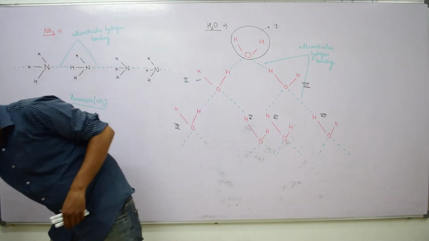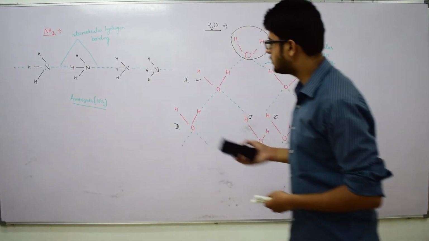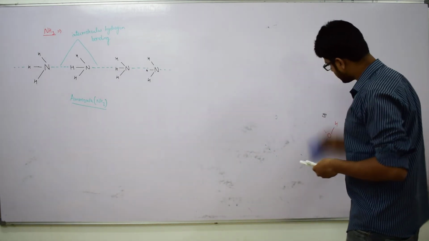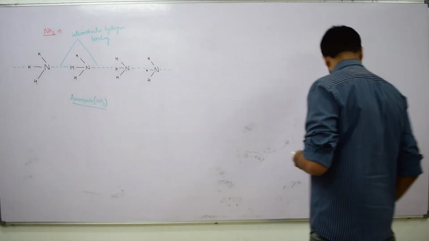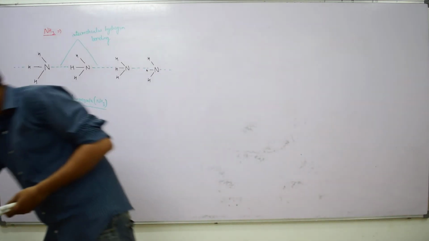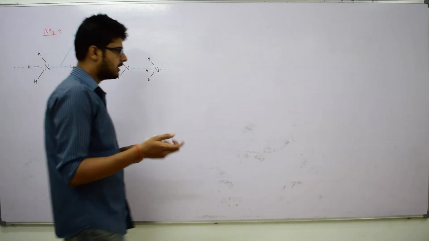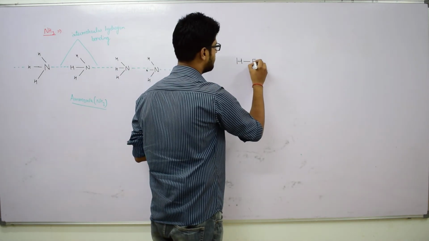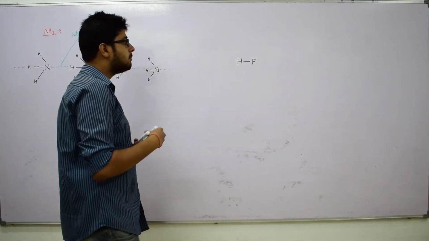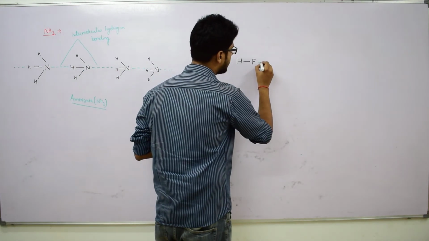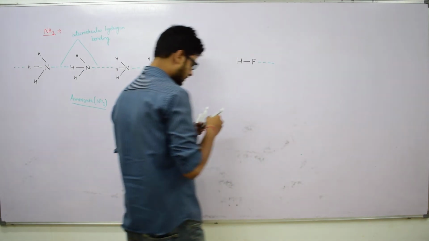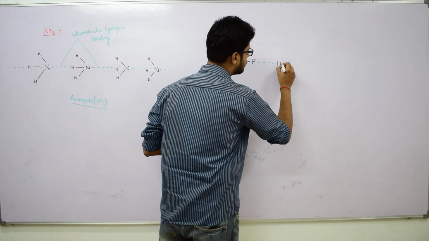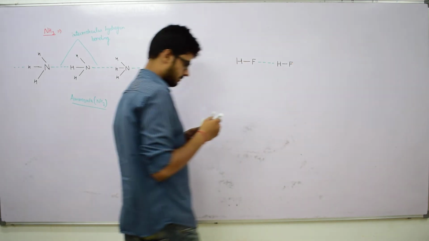And again, let us see the example of HF, which we saw earlier. It also has intermolecular hydrogen bonding. In case of HF, as we discussed earlier, we have a molecule of HF. Fluorine, being more electronegative, will be linked by intermolecular hydrogen bonding to the next molecule of HF through its hydrogen atom.